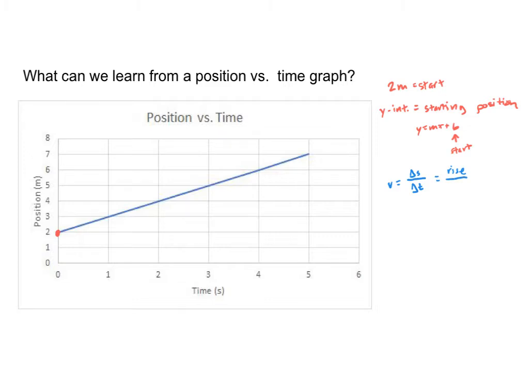And our change in time is going to be the run in our graph, that is the x-axis. So our velocity is the rise, our total change in position, divided by the run, our change in time. You guys might recognize this as your slope. So the slope of your graph is your velocity. So if you have an equation of the form y equals mx plus b, that m is your velocity.